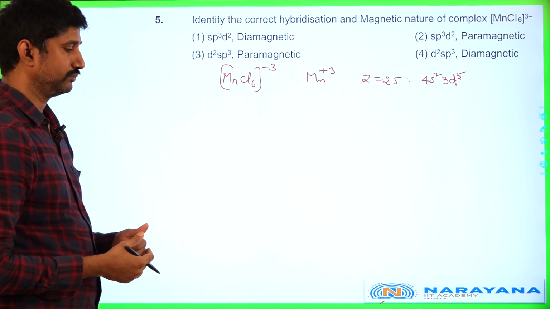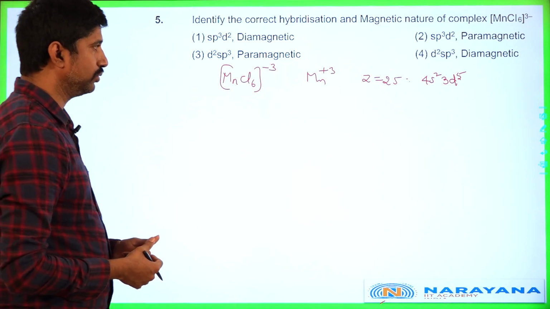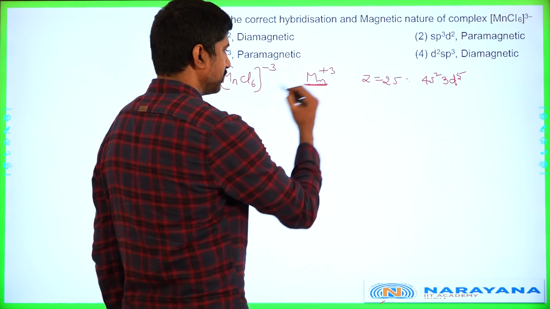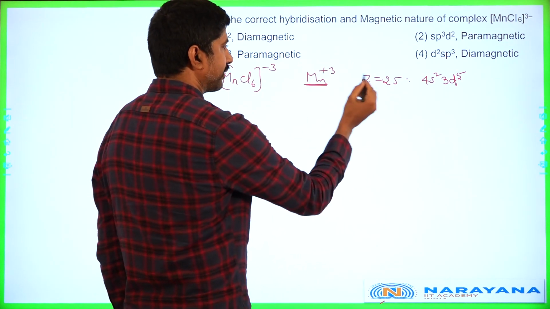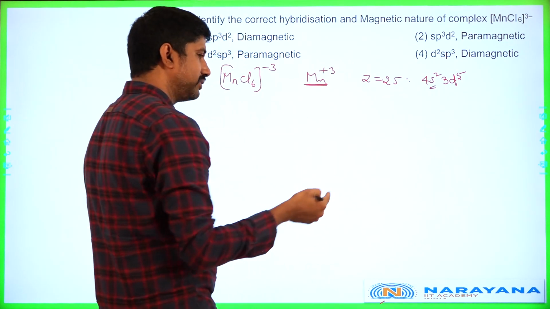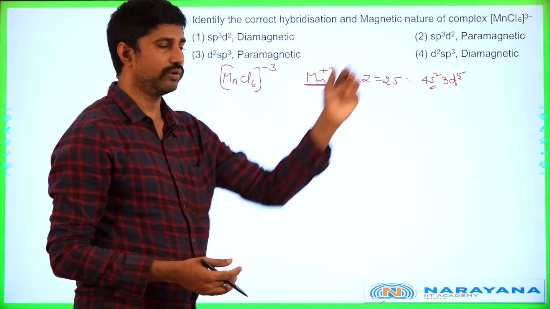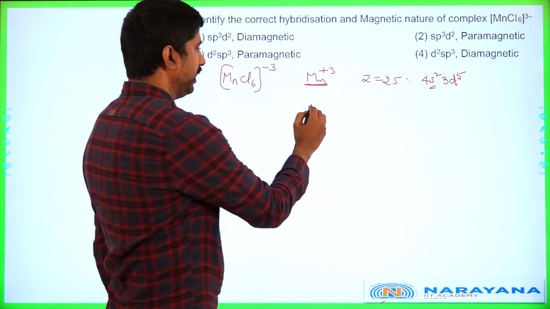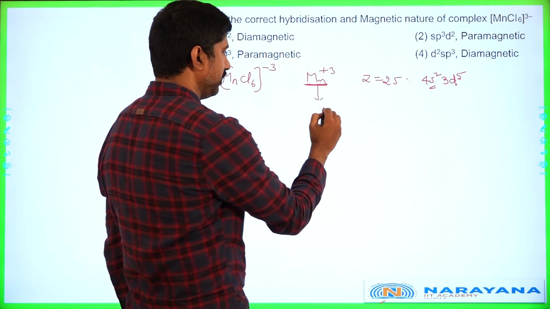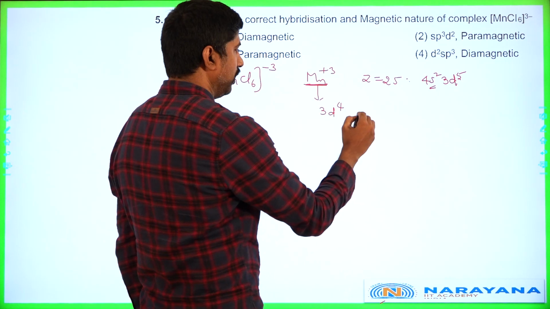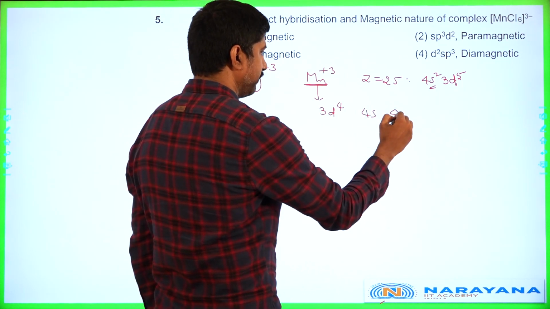As it is 4s2 3d5, for Mn3+ the first electron is lost from 4s, the second electron also from 4s, and the third electron is removed from 3d, so the Mn3+ configuration becomes 3d4, and 4s, 4p and 4d are completely free.